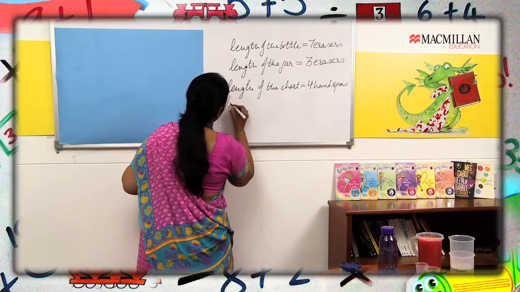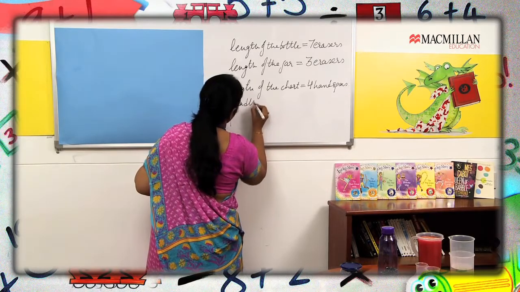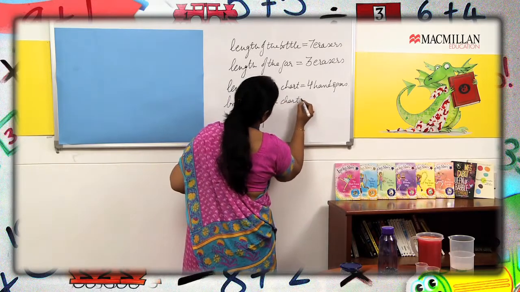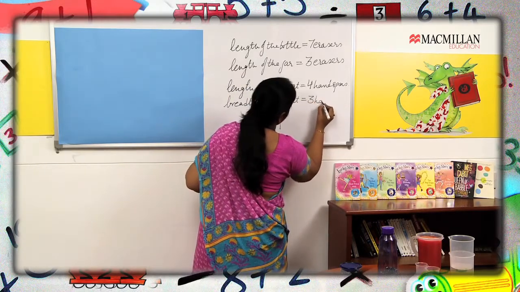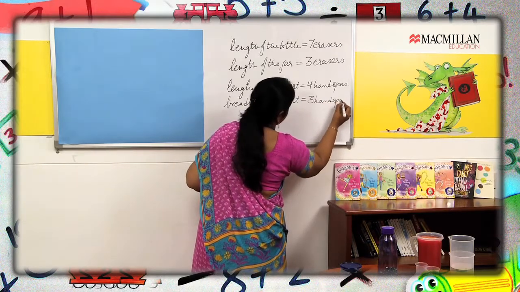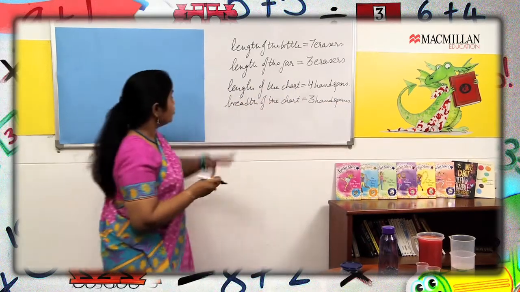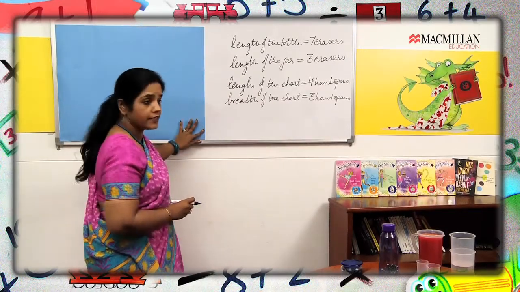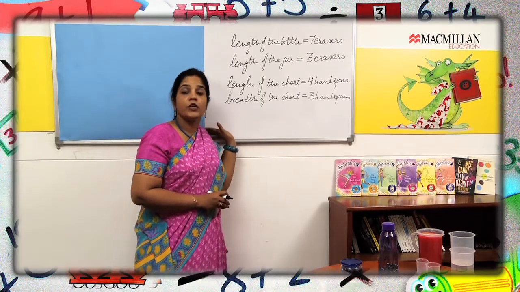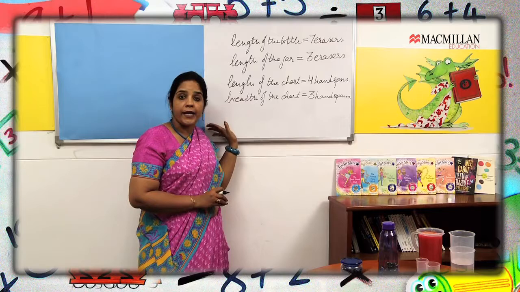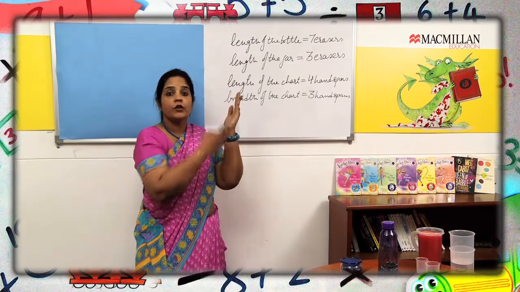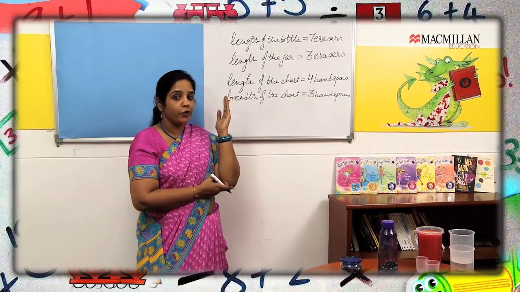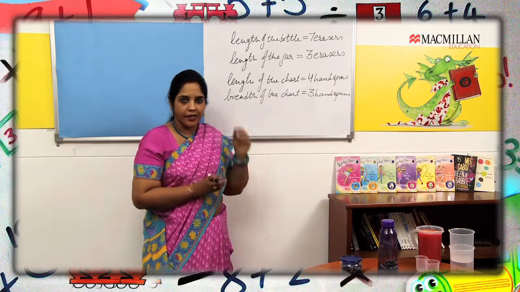So the breadth of the chart paper is 3 hand spans. So do you see that this side is longer than this side? Same way you can use your foot span, pace, the cubit of your arm to measure length. Interesting, isn't it? You can measure the length and breadth of your bed using your hand span, right?